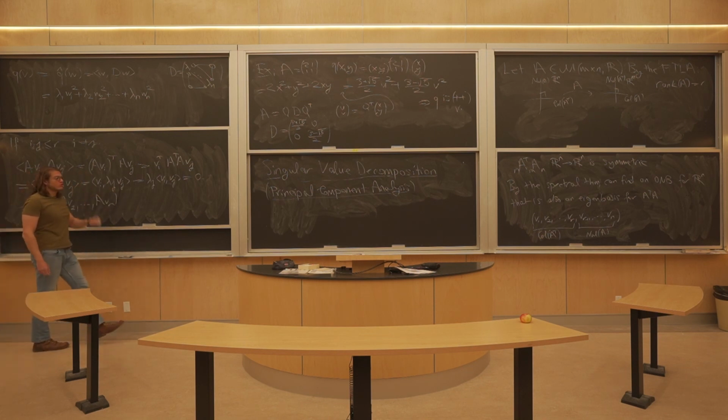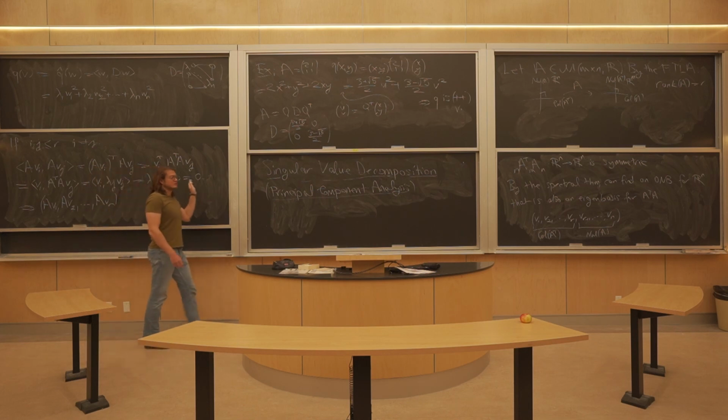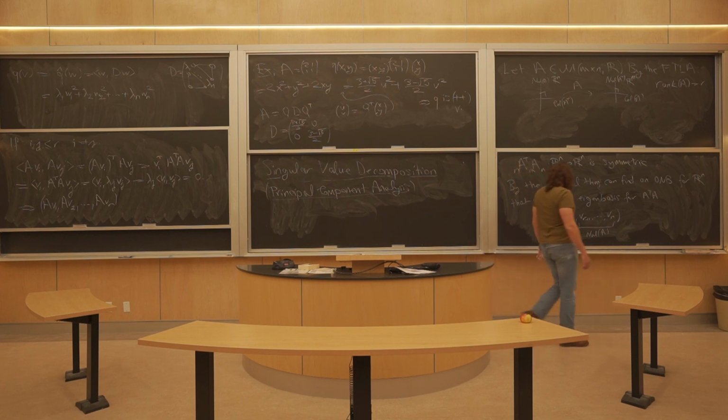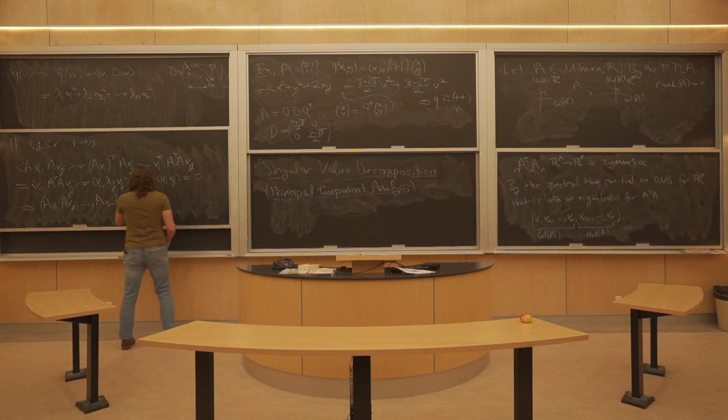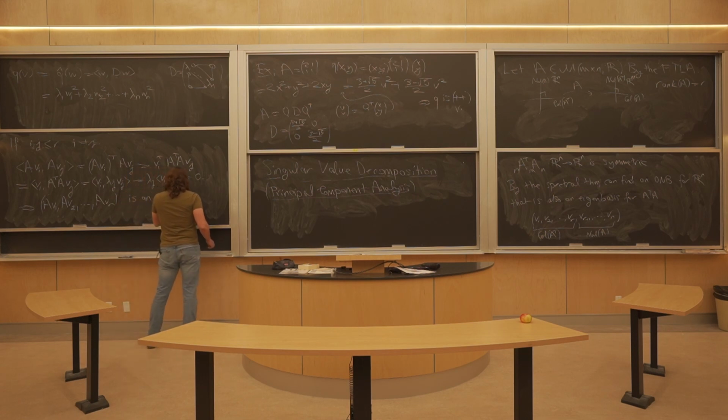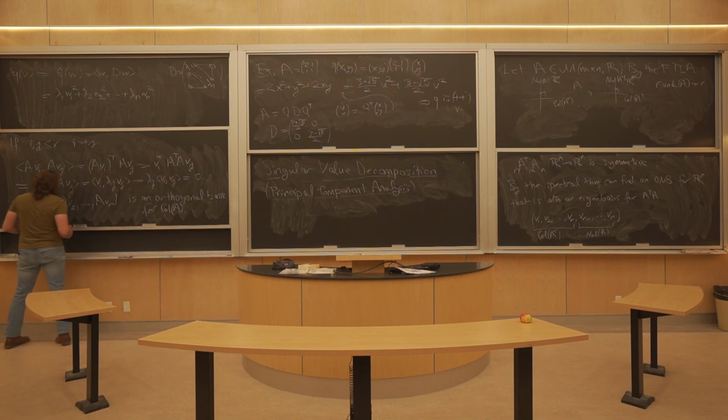this is an orthogonal basis. I didn't say anything about the lengths of these image vectors, but these orthogonal vectors constitute an orthogonal basis for the column space of A. Okay?